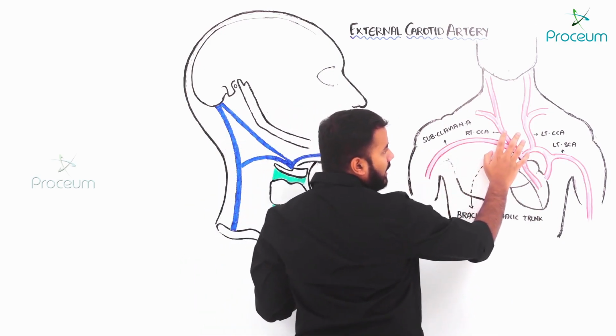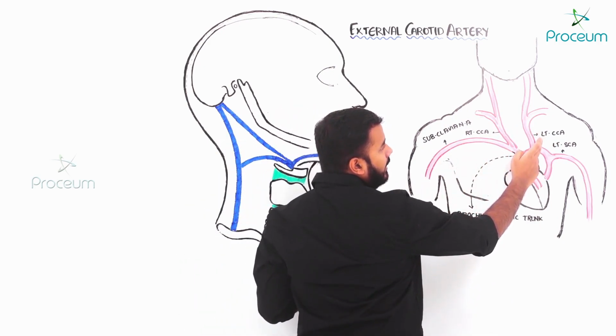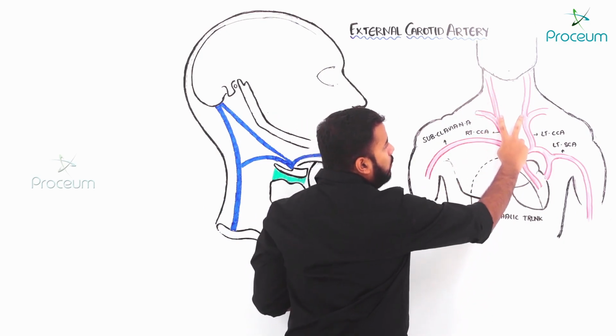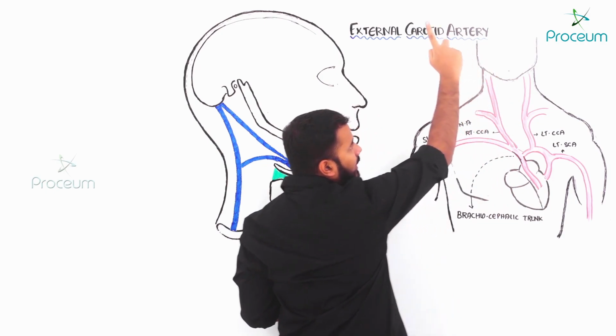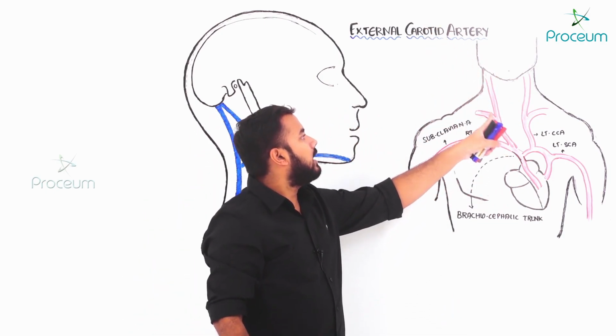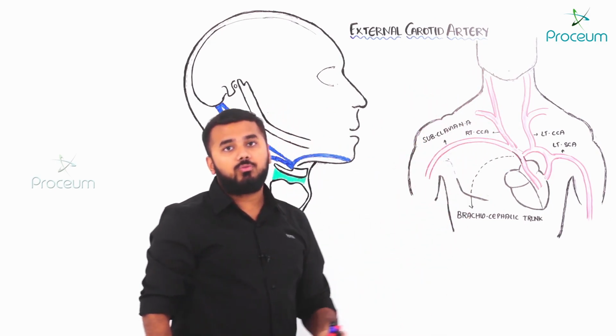Now the right common carotid artery and left common carotid artery in turn divide into two arteries. One artery goes straight into the head, and another branch goes externally outward.